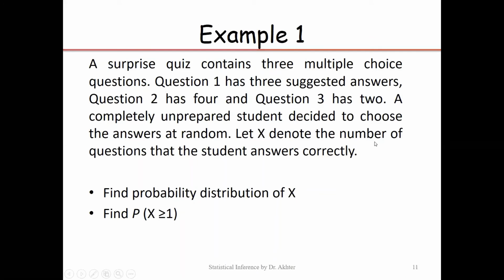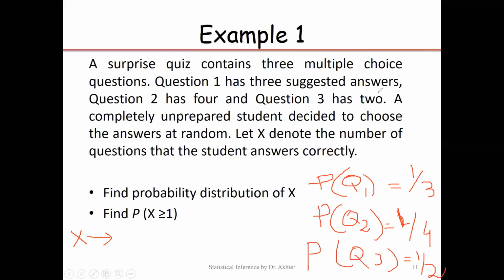Now we have one example here, and I am stopping the recording. Suppose x is the random variable which is representing the number of questions solved correctly. The student has to answer all the 3 questions.